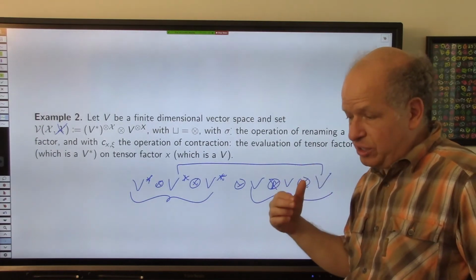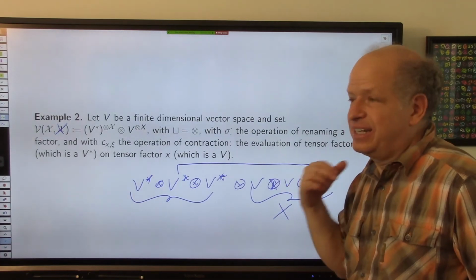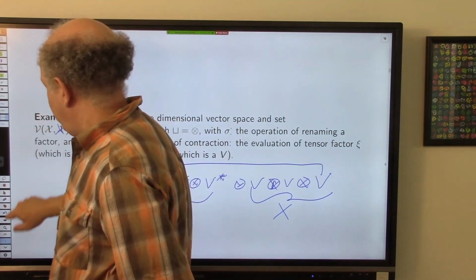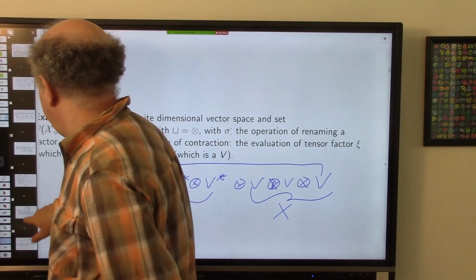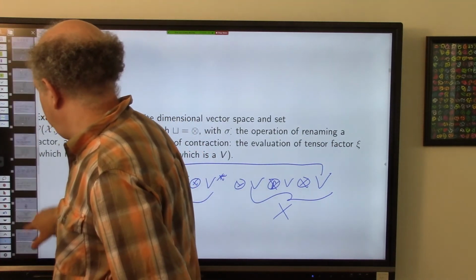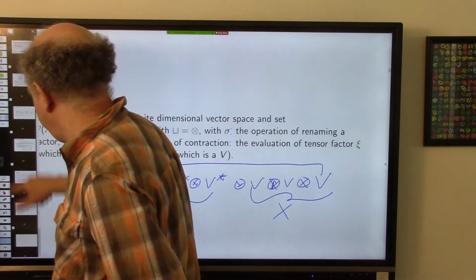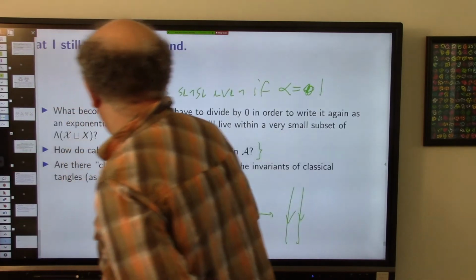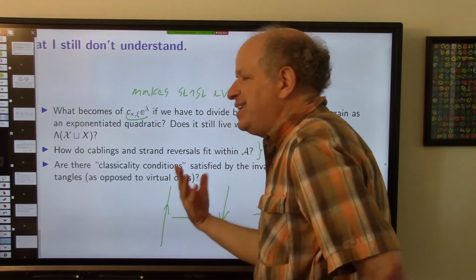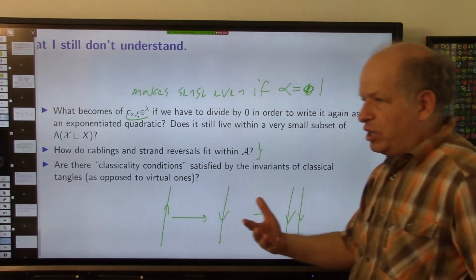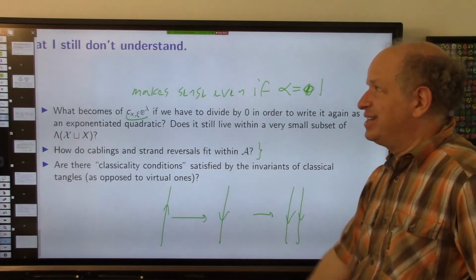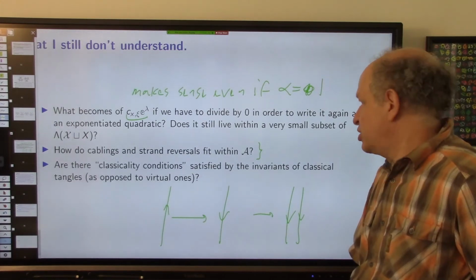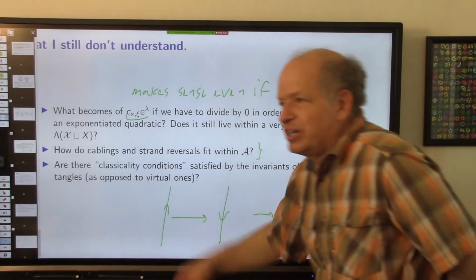Mutation invariance is a property of classical tangles. So the question you asked ends up relating to the question I posed at the very end, namely, can you say something stronger if your tangle is actually classical? And the answer is, well, that's part of what I still don't understand.